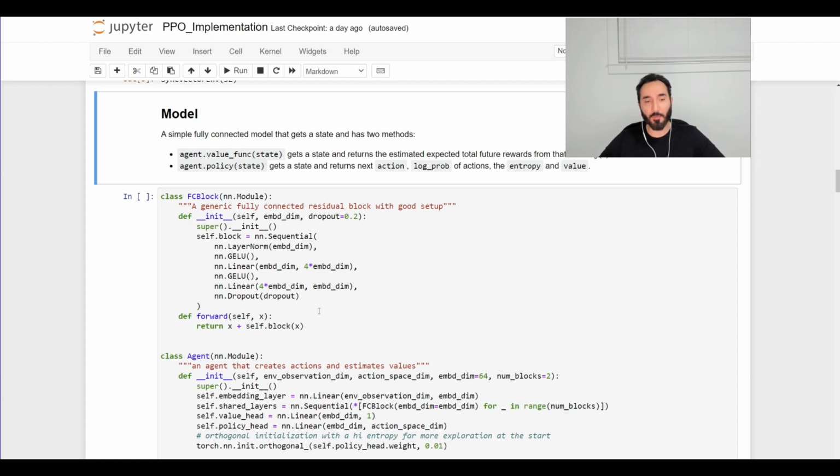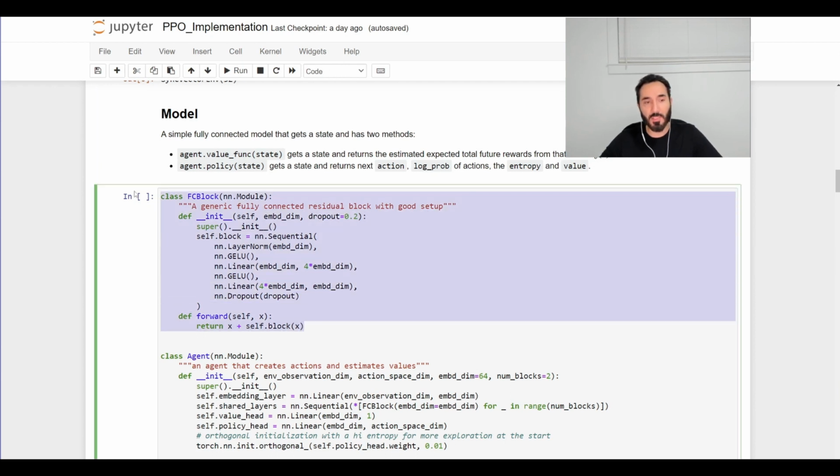I'm a huge fan of minimalist, simple solutions, but whenever you can come up with a better solution without making it much more complex, it's usually a good trade-off. So it's common that for a problem as simple as this to use just a standard feed-forward neural network, and I'm pretty much doing that, except that I'm setting up a very good setting here, which is in line with the most advanced setup in neural networks.